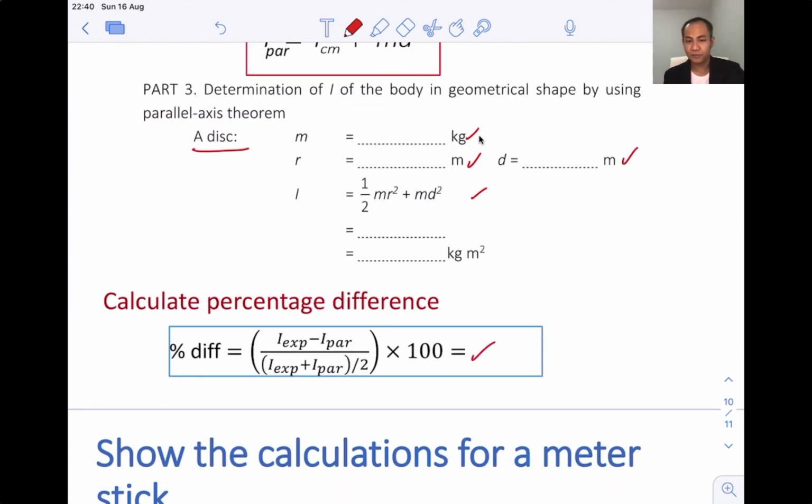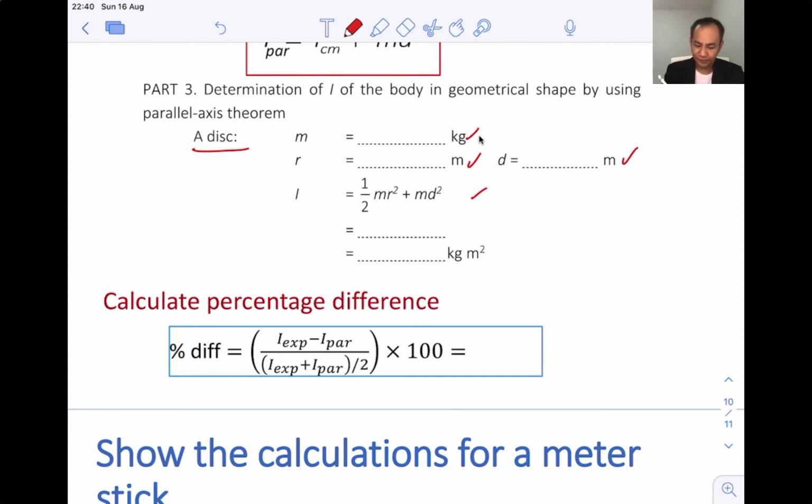Okay, so you can compare the moment of inertia from the experiment, where you let it rotate around the pivot point, with the moment of inertia from the parallel axis theorem. This value should not be so different. Okay, in principle it should be close to each other.